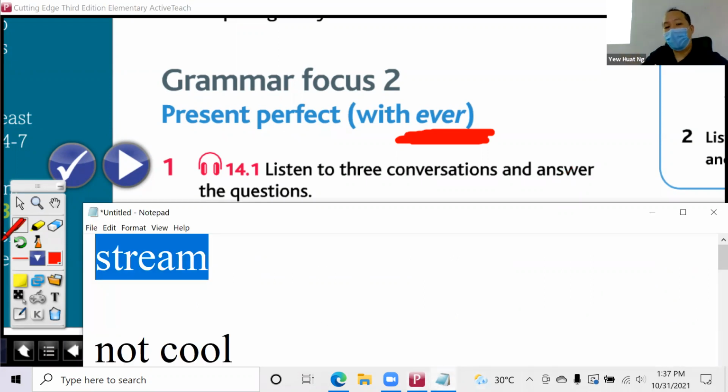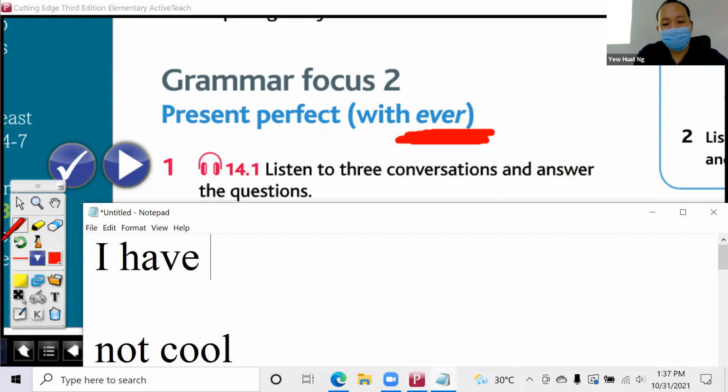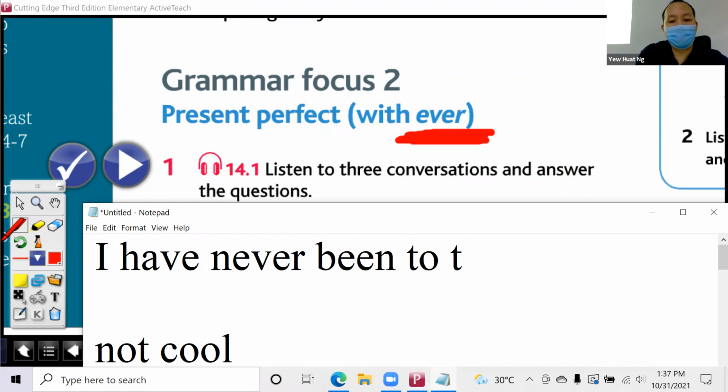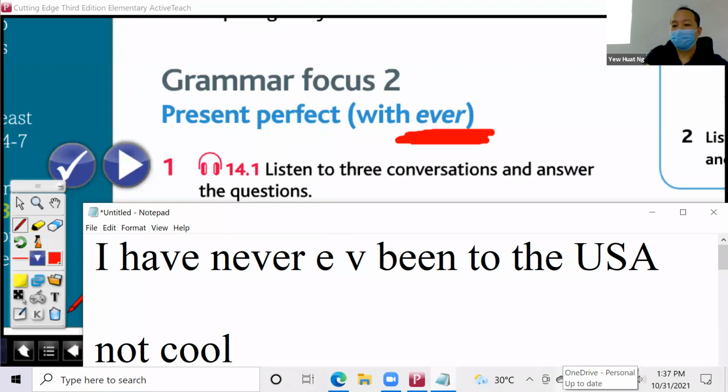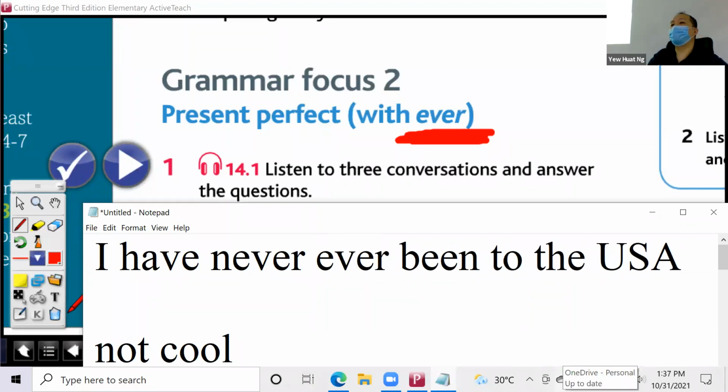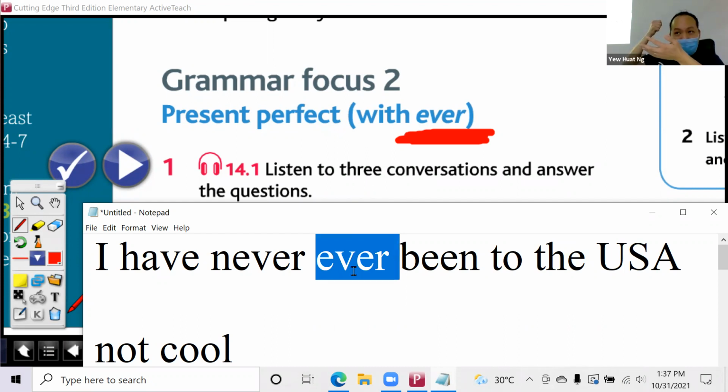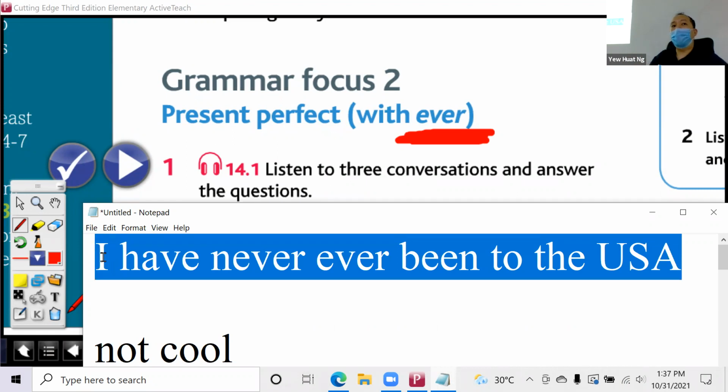So I can say I have never been to the USA. I can also put it, I have never ever been to the USA. This ever emphasizes this sentence.